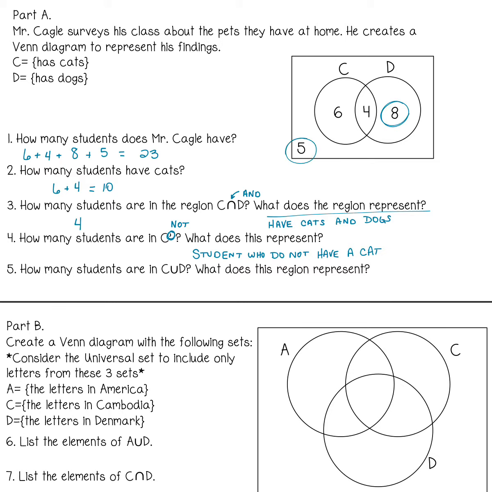So it wants to know who is in A or D. So pretty much all the letters except for those that are only in Cambodia. So anything that is in A or D. If it's in this highlighted section, it gets to be included in A or D. Remember, union means or.